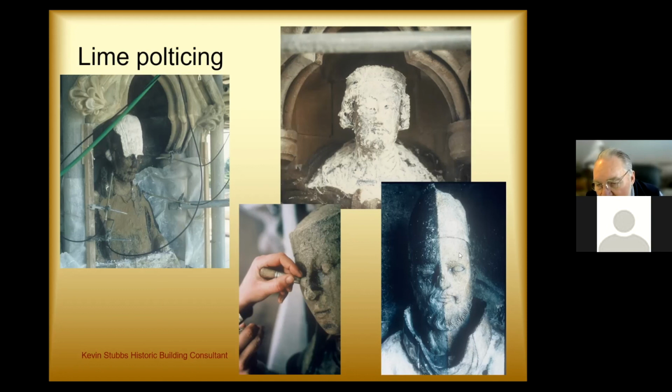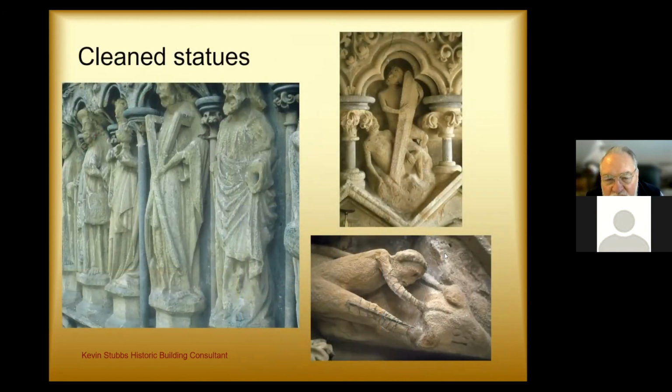And here's a half before and after. You can see how successful it is. Also, some of the lime moves back into the pores of the limestone and helps to consolidate it. That was followed up by something like 35, 40 coats of clear lime water on the surface, which again helped to consolidate the stonework.